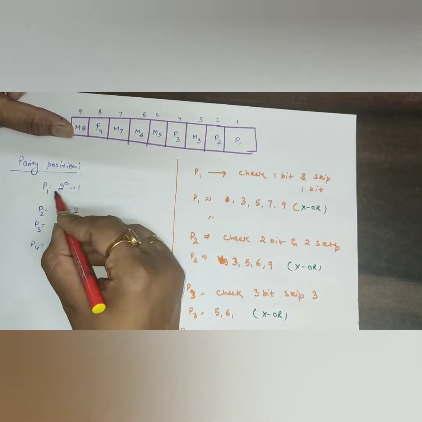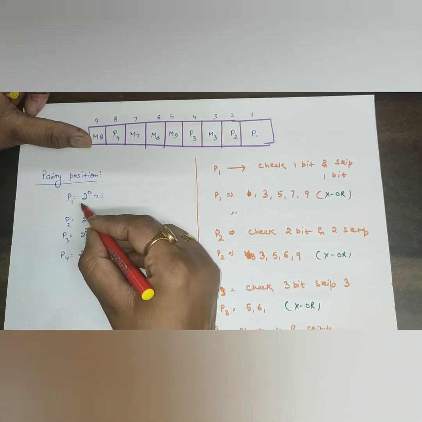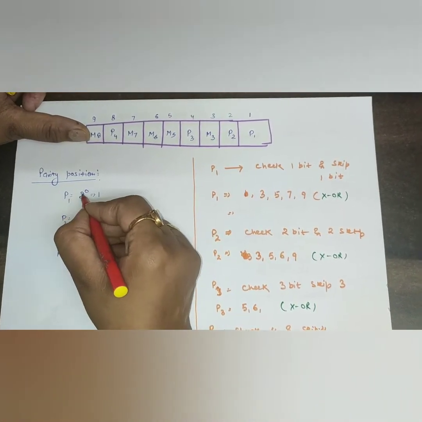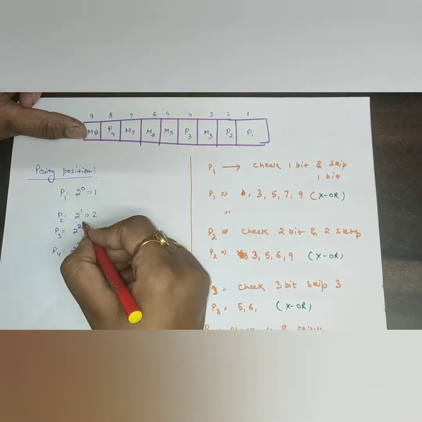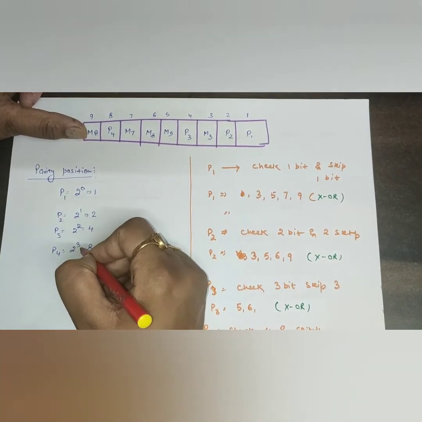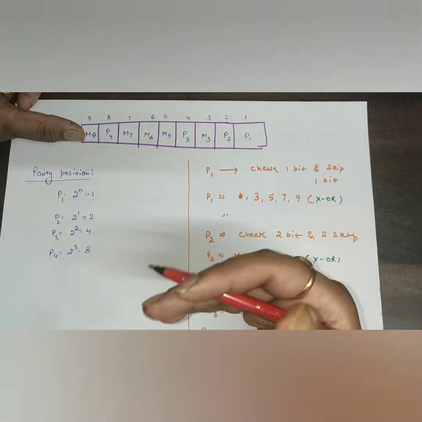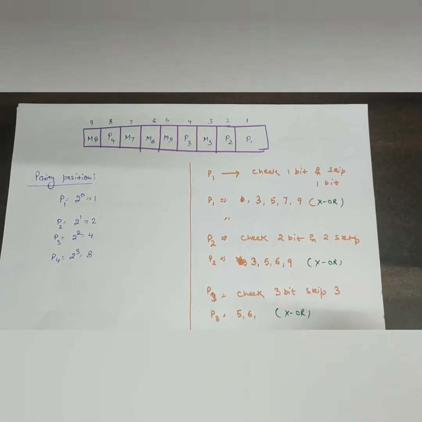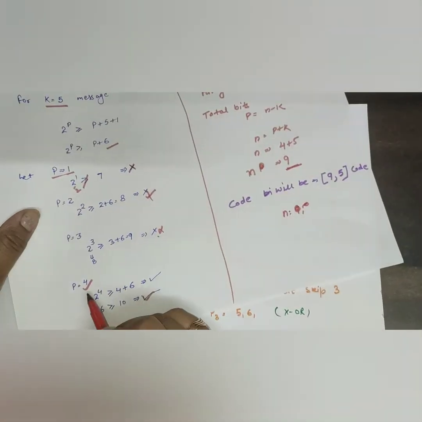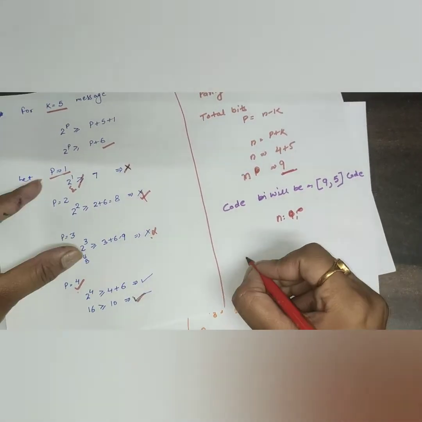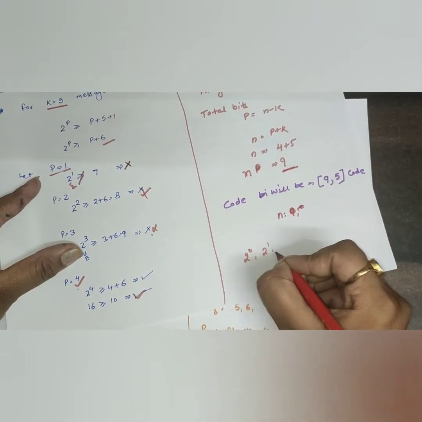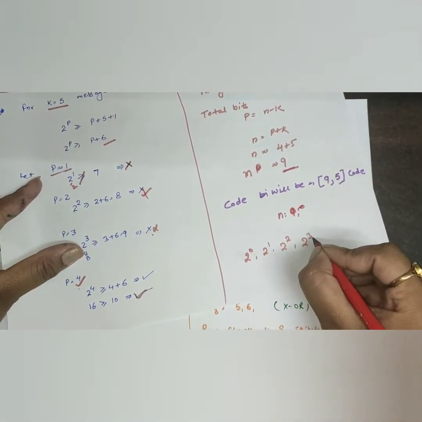So here we will talk about the positions. P1 will be 2 to the power 0, P2 will be 2 to the power 1, then 2 to the power 2 and 2 to the power 3 and so on. How many parities are there? We have only 4 parities, so we take 2 to the power 0, 2 to the power 1, 2 to the power 2 and 2 to the power 3.